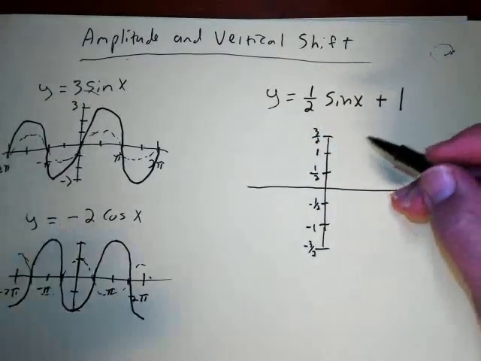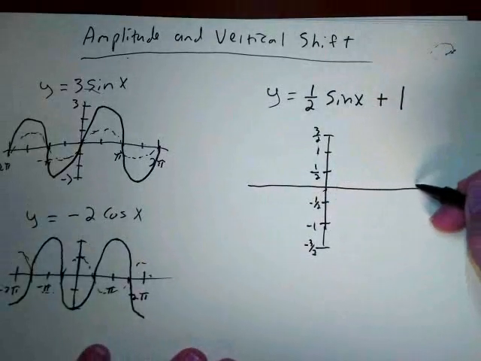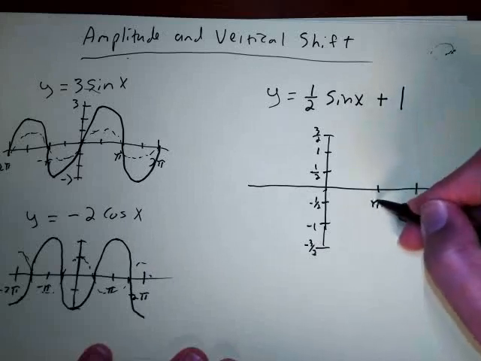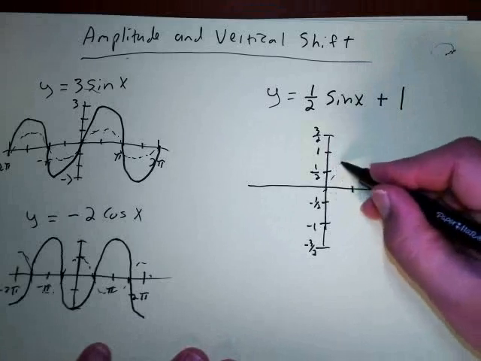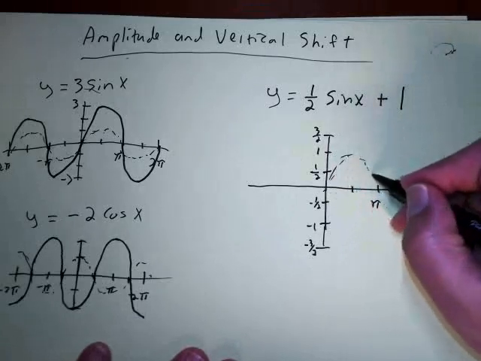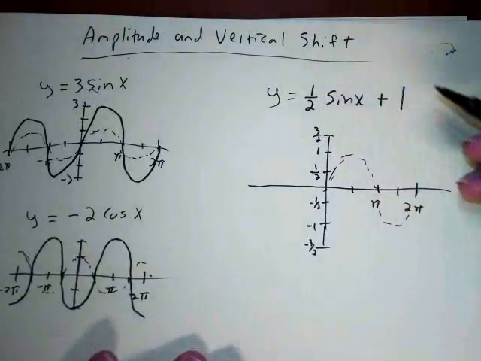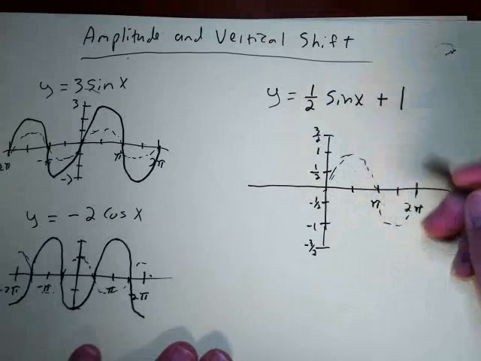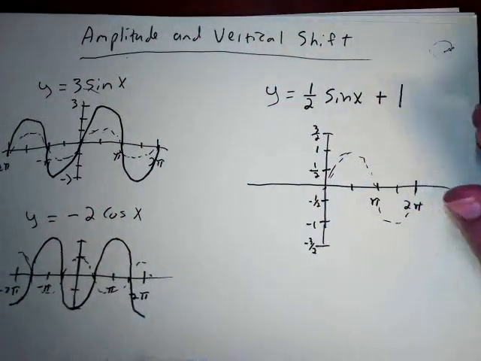And so the regular sine would start at 0. Well, let's put these in. 2 pi, and then these are the halfway marks. So regular sine would start at 0, go up to 1, right? Go down. And then the 1/2 in front of a sine would just mean it would be going up half as high. And so it would compress that wave down.